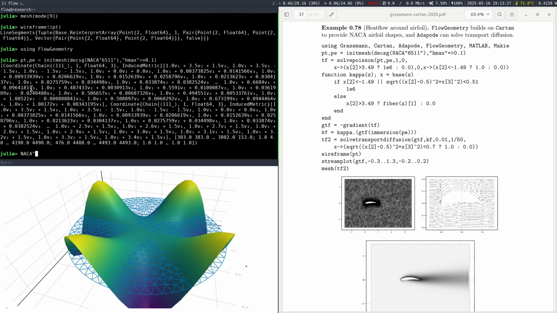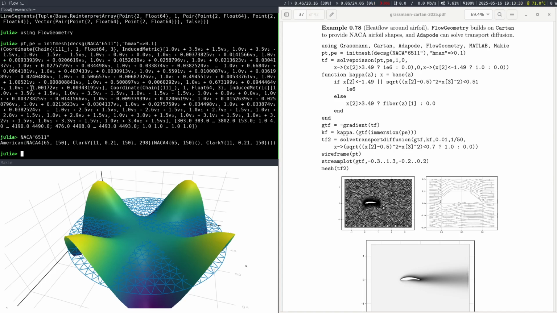So this is like a feature I created that will create a representation of a NACA airfoil, like NACA 6511, that produces this type with this American NACA 4 convention with the Clark Y coordinate, and so on.